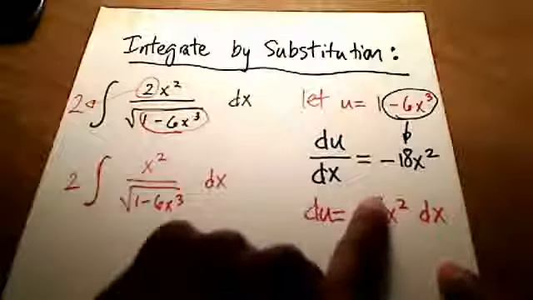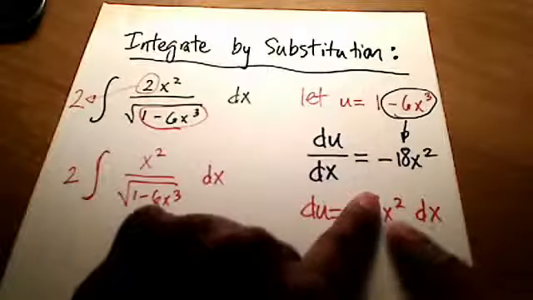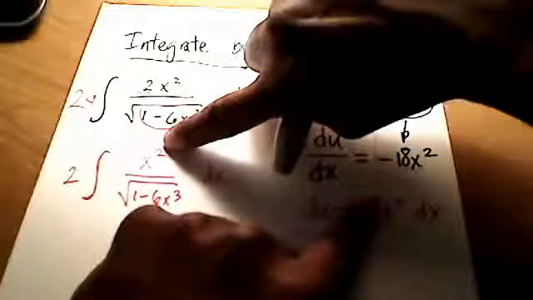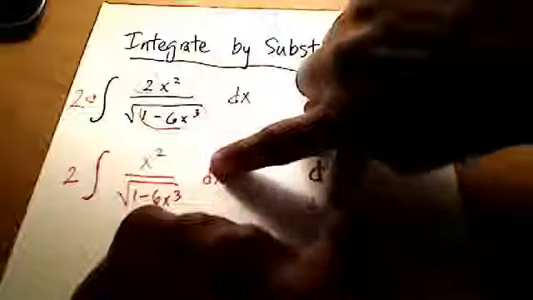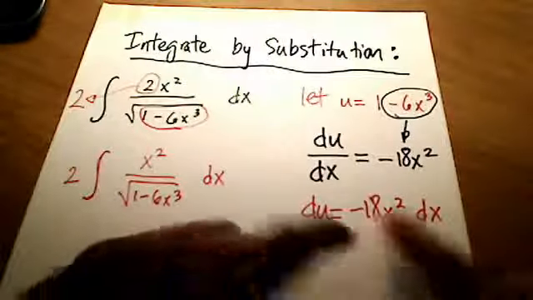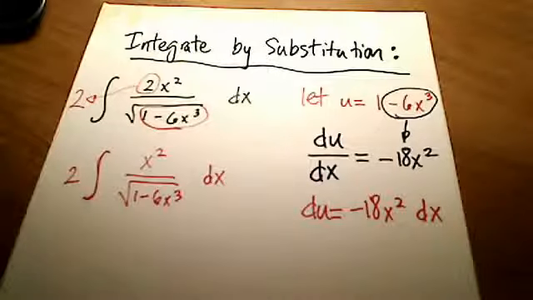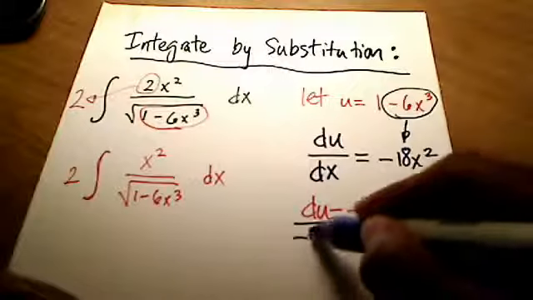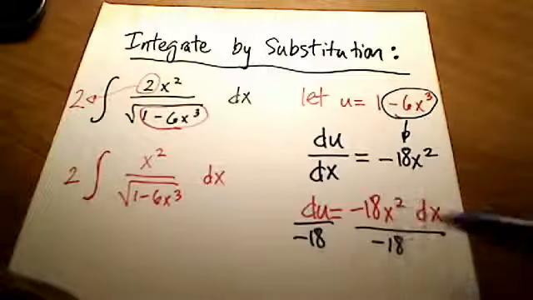I do see, let me take away the negative 18 for a second, an x squared dx, right? That I do see. Look, it's right here, x squared dx. There it is. But I don't see a negative 18 in front of it. So I'm going to do this other trick here, and that is let's divide both sides by negative 18 of this equation over here.